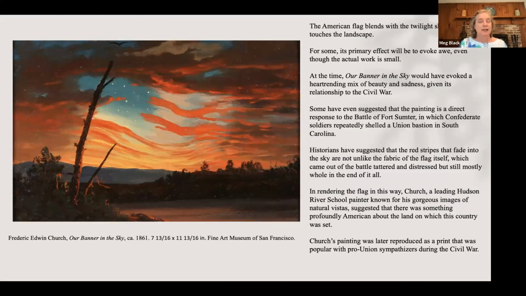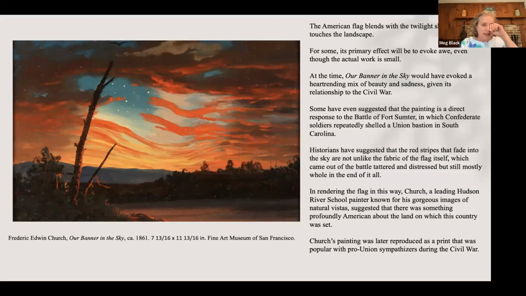And I was surprised, I will admit, being the daughter and granddaughter and daughter-in-law of veterans, just how important it was to display the flag in a very particular way. So once a flag is used for any other purpose than to be flown properly, it's no longer a flag.